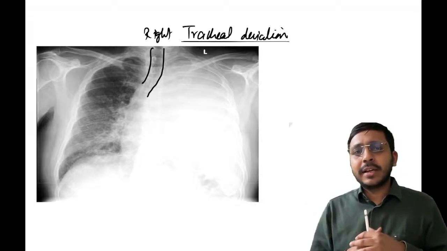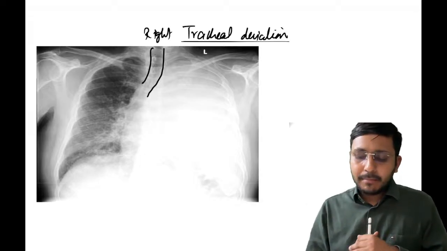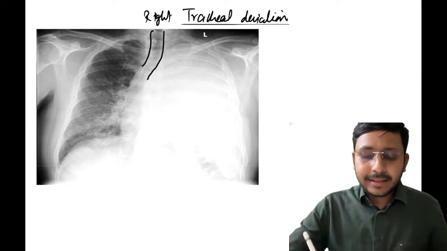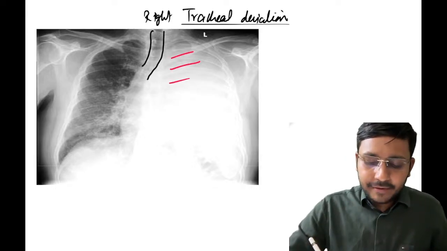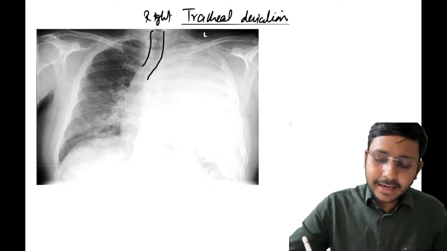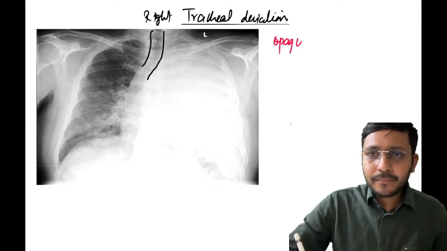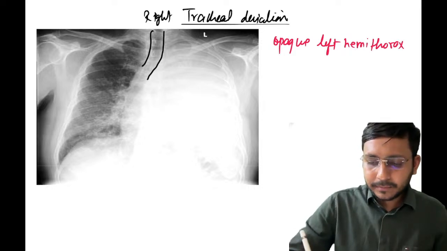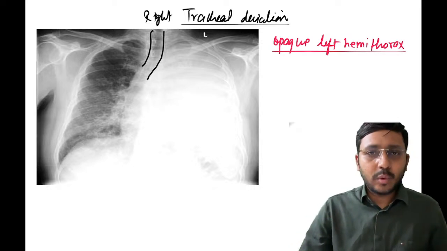Cardiac size and position cannot be commented upon. Bilateral CP angles, the left CP angle is not visualized, and there is an opaque left hemithorax. I write it opaque left hemithorax. And so what is the diagnosis here?